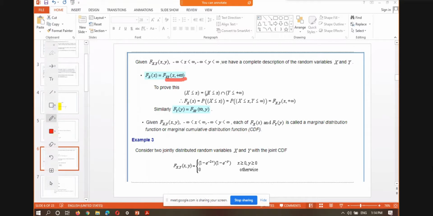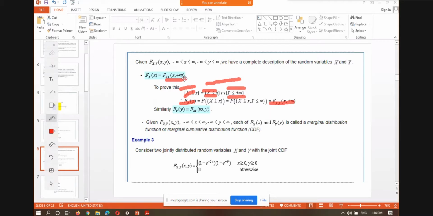That x less than or equal to small x intersection with this event, and this event is actually the sample space. So sample space intersection with this event is with this event only. So the probability of this event is equal to this one, and the probability of this event is F_X(x), and the probability of this event is this one.